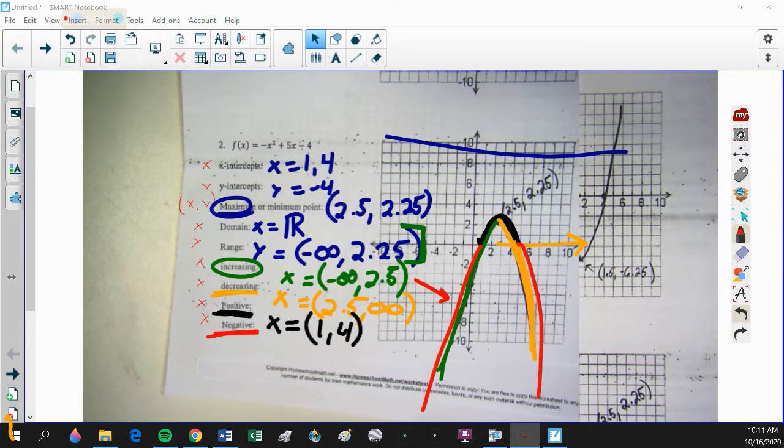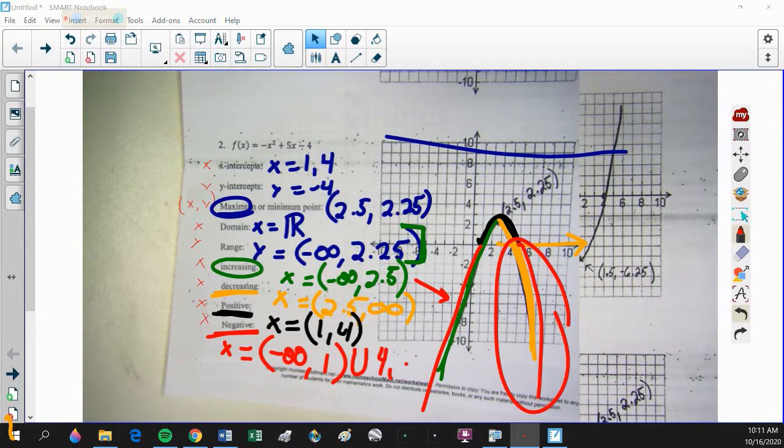Okay? So negative infinity is the small number to 1. And they both get parentheses. Then we write the union symbol. How would you describe this chunk? Is it 4 to infinity or is it 4 to negative infinity? We're looking at the x-axis, 4 to infinity. Does that make sense?